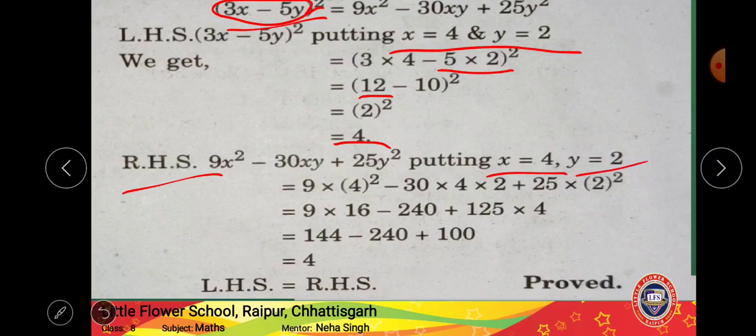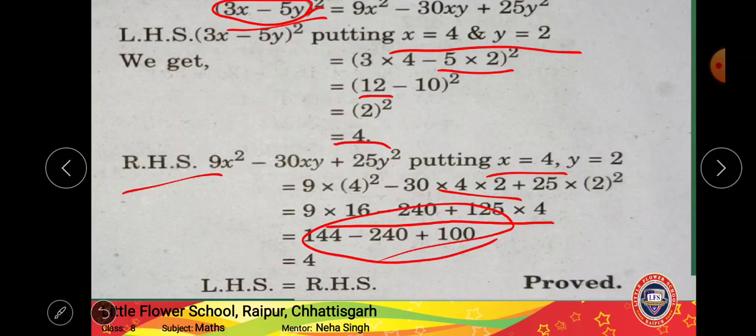Again the same formula, we'll put the values, but in the RHS. So 9 into x square, that is 4 square, minus 30 into 4 into 2, x into y, plus 25 y square, that is 2 square. 4 into 4 is 16, 9 into 16 is 144, minus 240, plus 100.